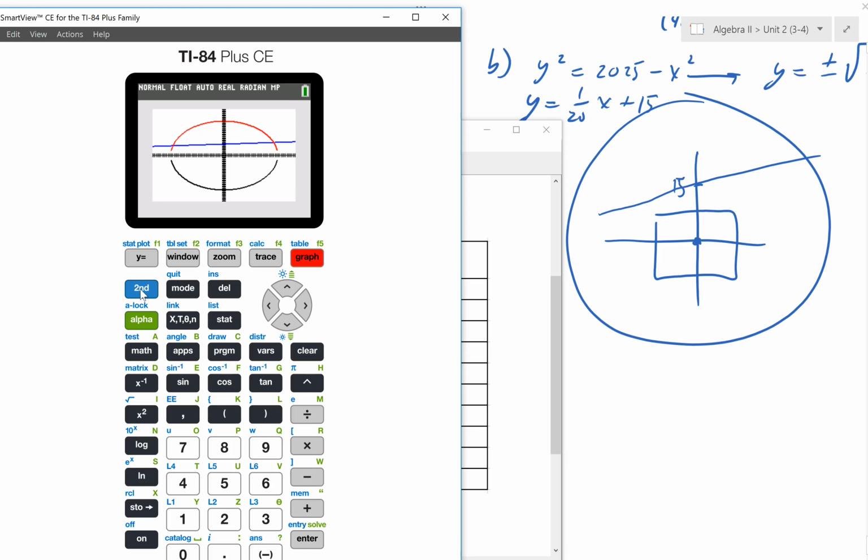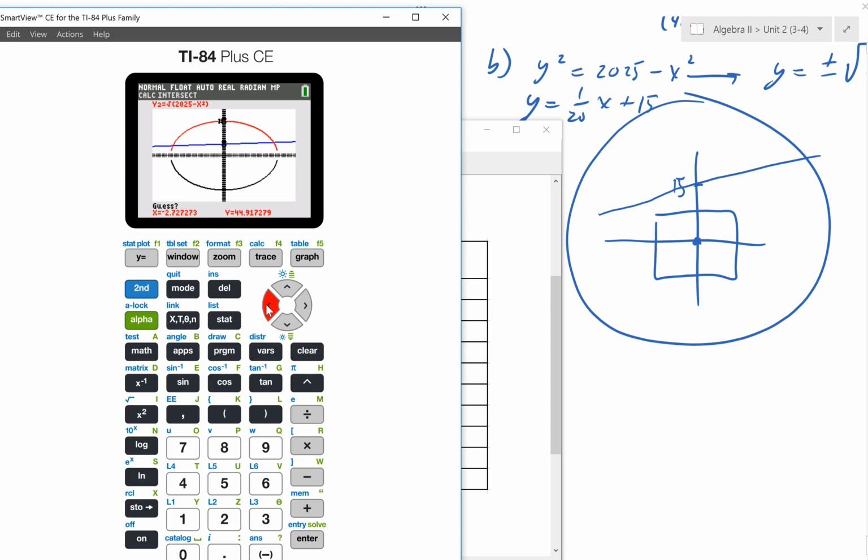And now I can find the intersections by going to second calc, intersect, first curve, it's on the blue line, so I'll say enter. Now it's on the red top half of the circle, I'll press enter, and guess.